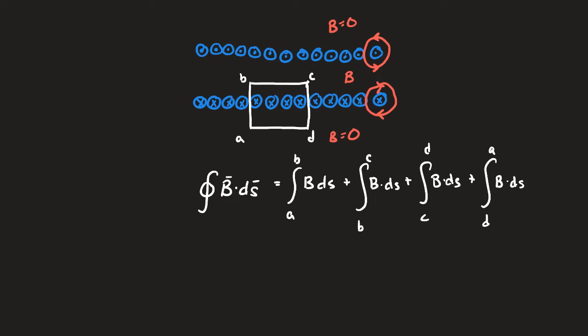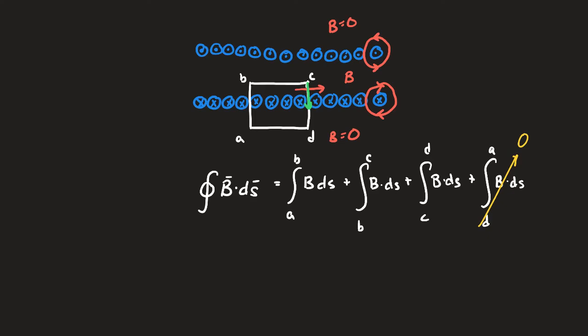Now, it should be obvious here that the one that goes from D to A has got to be 0. The magnetic field is 0. Less obvious is A to B and C to D are also 0. And that's because the magnetic field passes in this direction, but my loop goes in this direction, thus the dot product produces a 0.